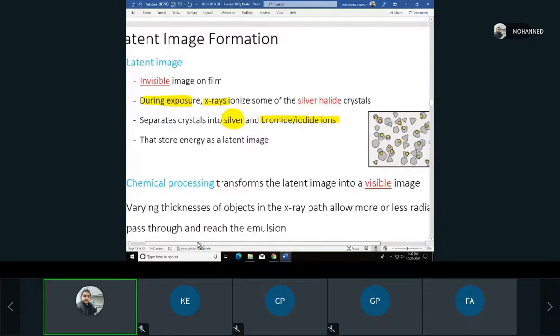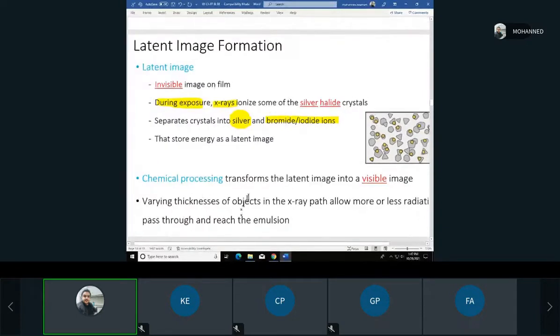And definitely, as I was saying, depending on the thickness of the objects that the X-ray will hit, that's how many crystals will get exposed. So, the soft tissue will not stop the X-ray, so it will hit the film and it will make it dark because we got all these crystals to be exposed.